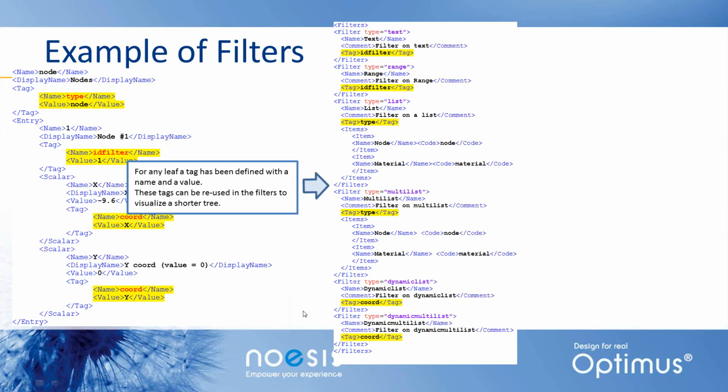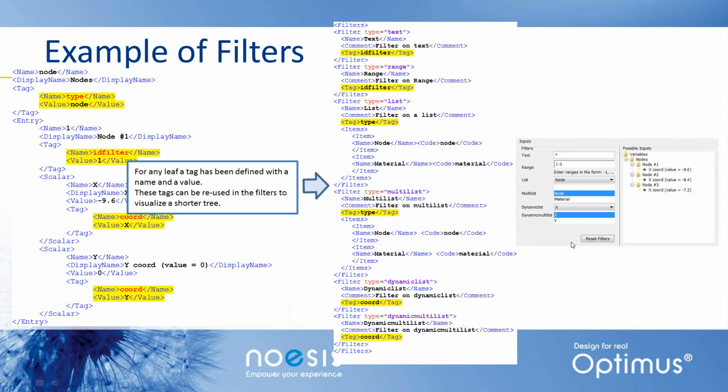Here you can see that we can generate different types of filters, and what you will have is something like that on the graphical user interface, in which you can, for example, filter with a text and write the name of the variable that you are looking for, and this will filter the tree on the right side, and only the variables with that name will be visualized. That is really helpful when you have a very complex project with several parameters.